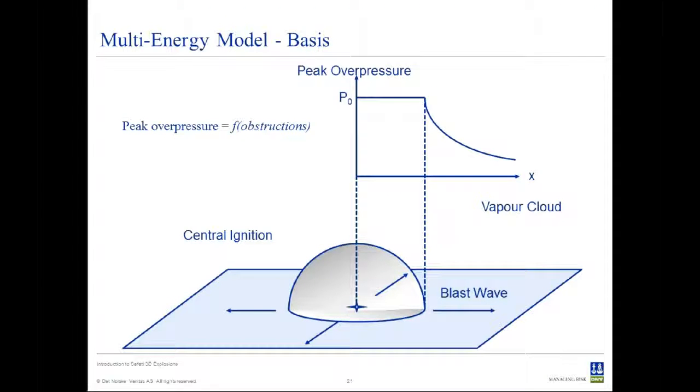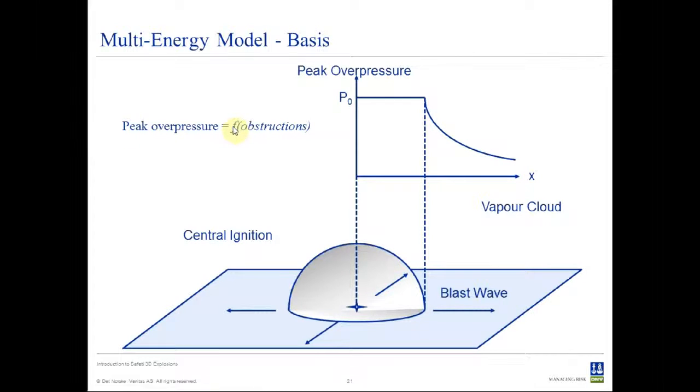So the form of, for example, a multi-energy explosion model contains a flammable cloud which experiences ignition, and you get a hemispherical blast that propagates out in all three dimensions, or through 2 dimensions as well. So there's a peak overpressure that occurs, and then you get decay away from the blast center as you travel away from the cloud.